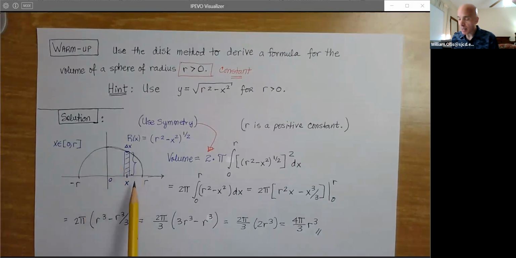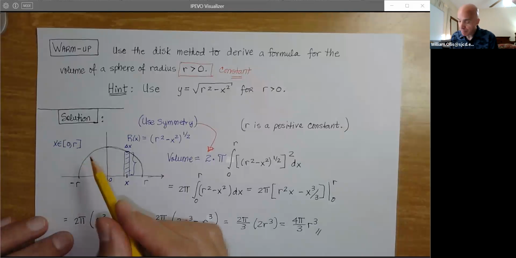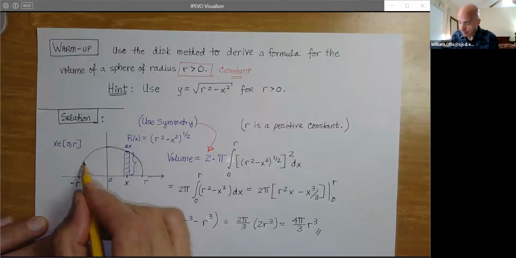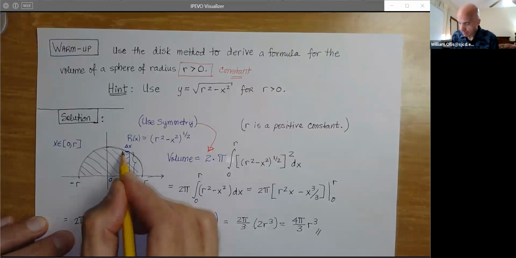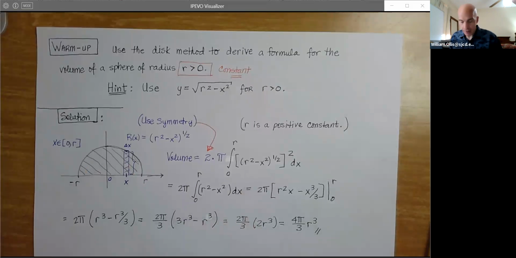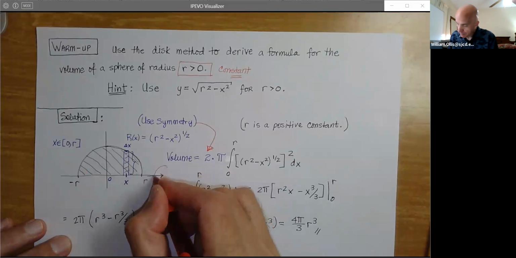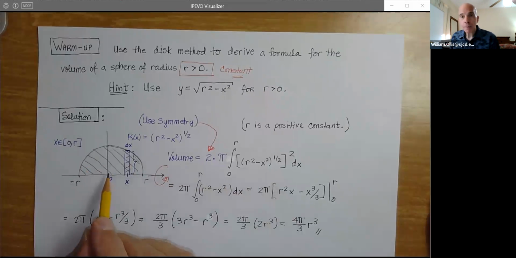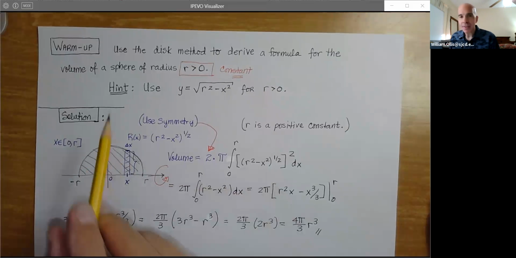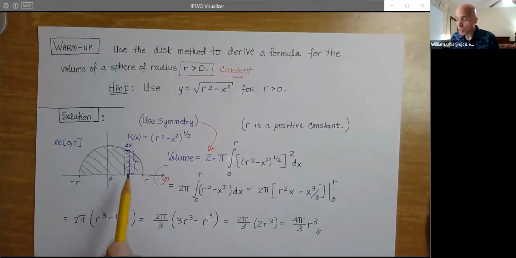In this particular case, if we revolve this region, and I'll shade in this region, about the x-axis, upon doing that revolution, we would form a solid of revolution, and that is a sphere. So again, notice the hint was the disk method because in this particular case, the actual rectangle touches the axis of revolution throughout the region.